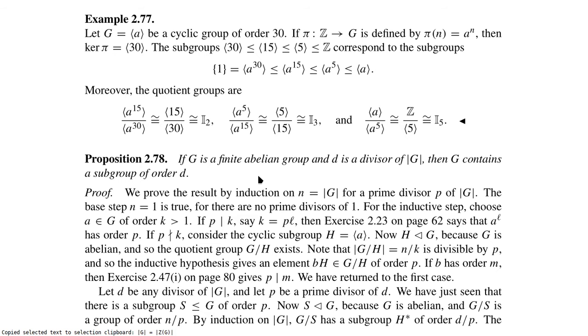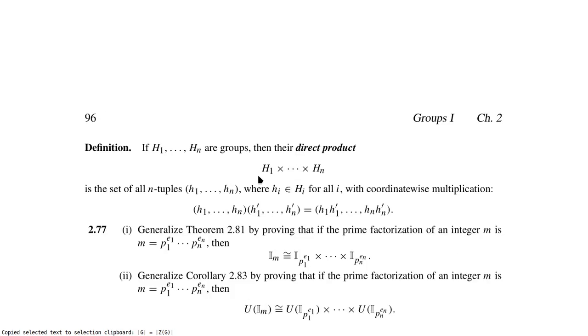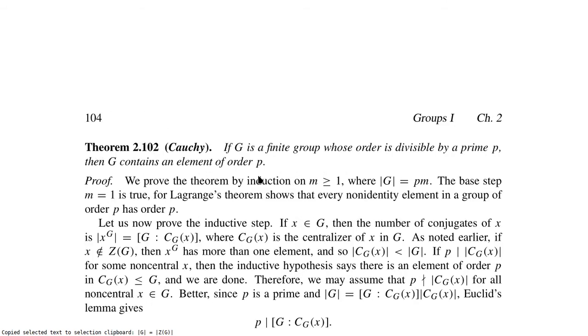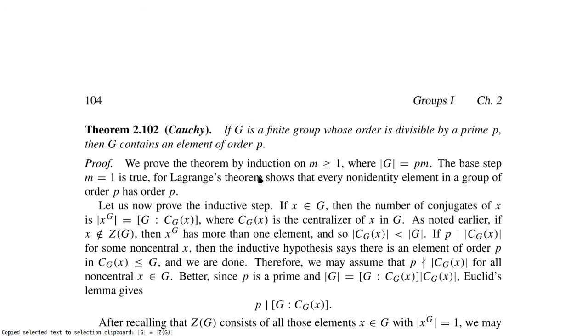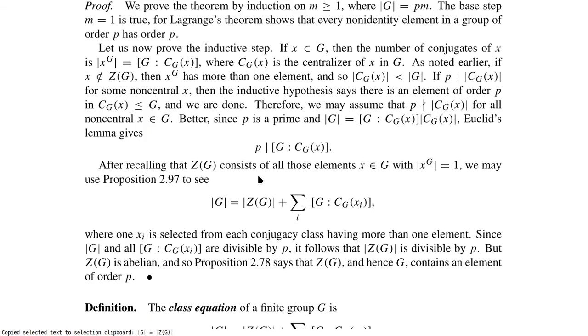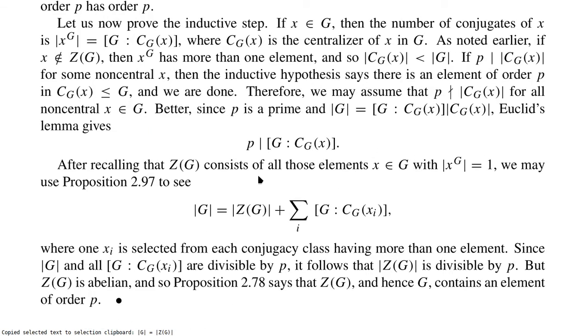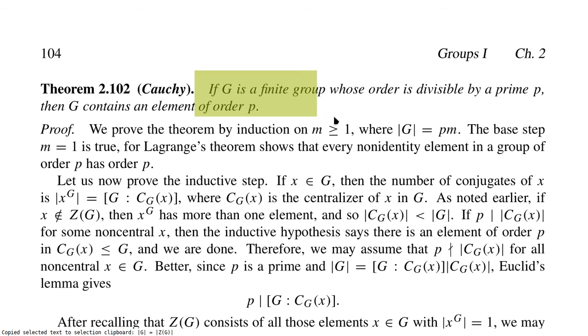We just need that we have an element of order P, right? So the order of the center is divisible by P, as that is abelian. We can say that the group must contain an element of order P, and then we're done with the proof. Cauchy's Theorem.